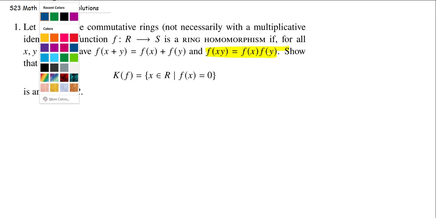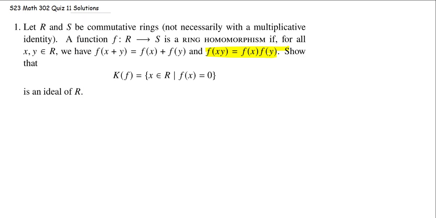In class we gave a condition for a subset to be an ideal. In fact, it was 3 things that we had to check. The first thing is that 0 is in the kernel. That would mean we would have to show that the f image of 0 is 0.